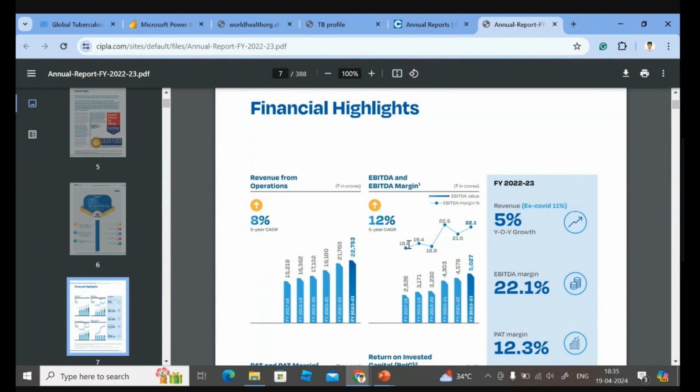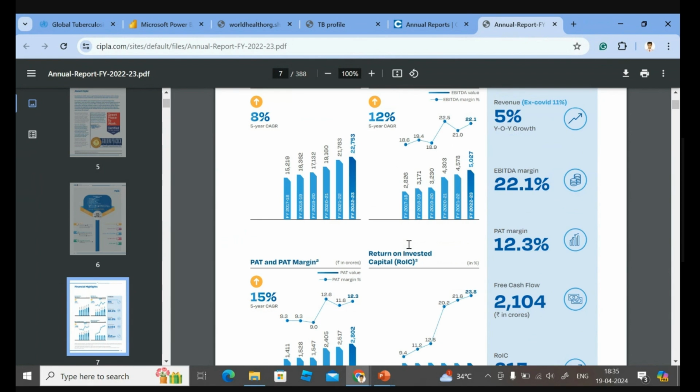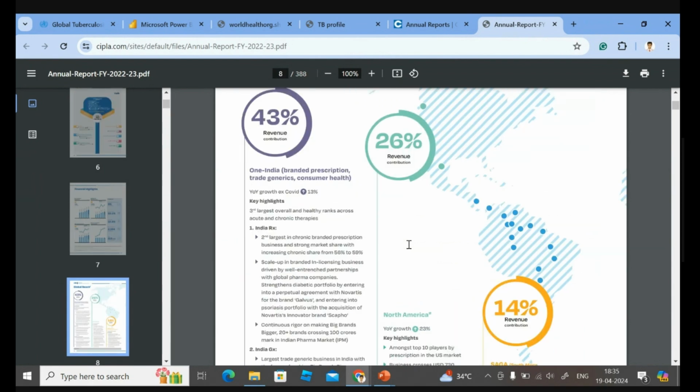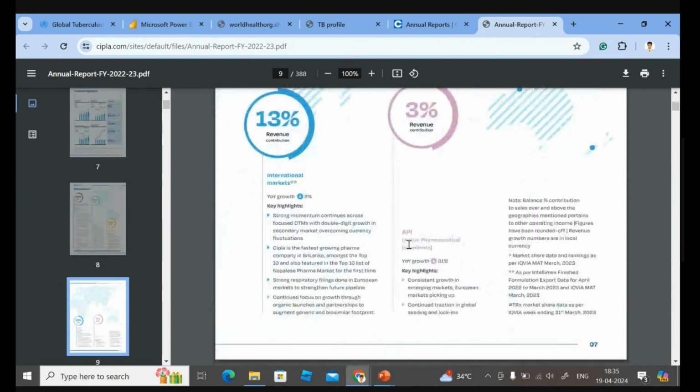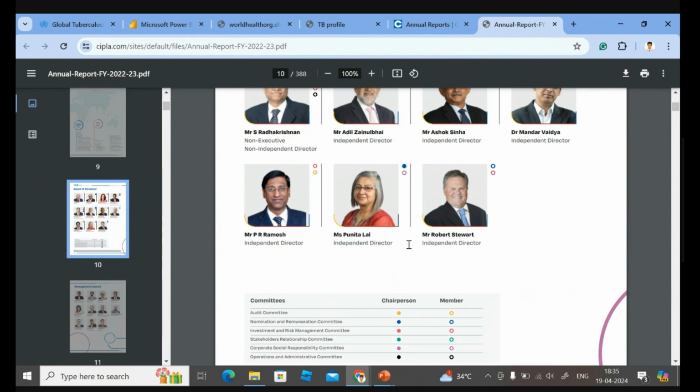Revenue from operations, 5-year CAGR. You look at revenues up ex-COVID, year-on-year growth is 5%. EBITDA, PAT margin, all this. So if you have to invest into it, what kind of things will you look at? Revenue contribution. These are people who are on the board, independent directors.